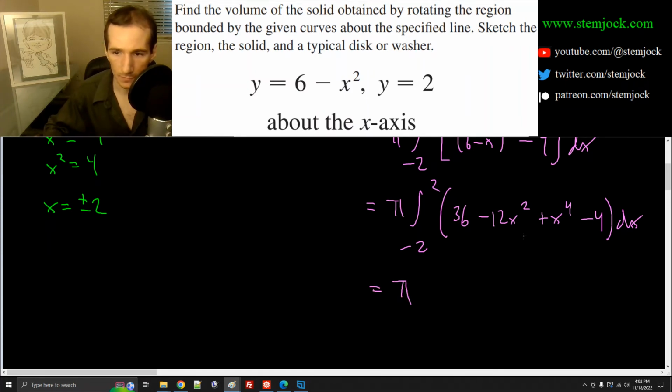So each of these is a monomial. The antiderivative of the first term is just 36x. For 12x squared, I'm going to bump up the exponent by 1, so x cubed, and I'm going to divide by that same number. That's the antiderivative of the second term.